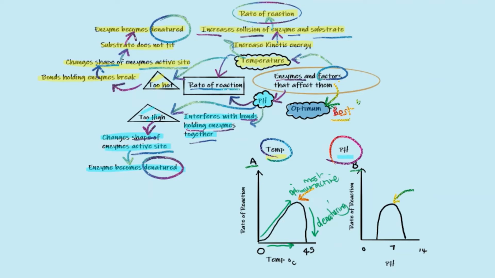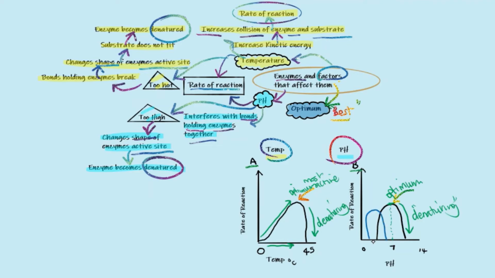Same with the pH. We can see our optimum level would be at pH 7. So this means at pH 7 the enzyme works best. Past pH 7 we can see the enzyme is now denaturing. We can have different enzymes working at different pHs.